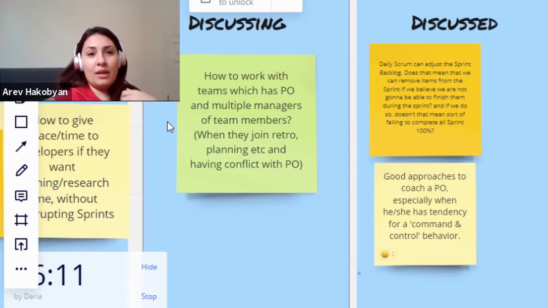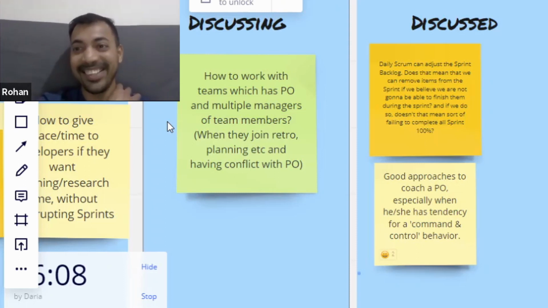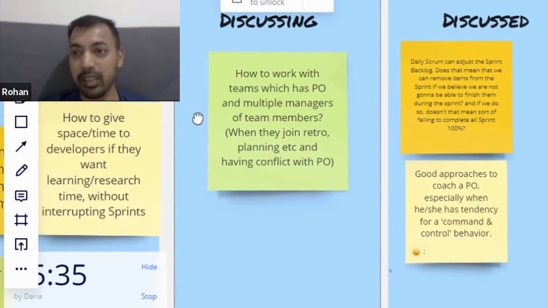I have an idea from past experience. So one of the scenarios where I worked before, it was a product company wherein we had around 10 teams, 13 managers. So how it happened was, the managers want some information, and that is the reason they are joining in the Scrum meetings.